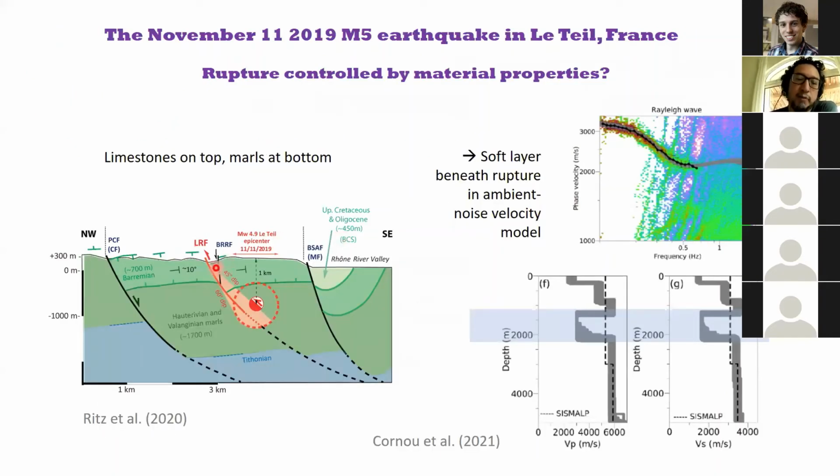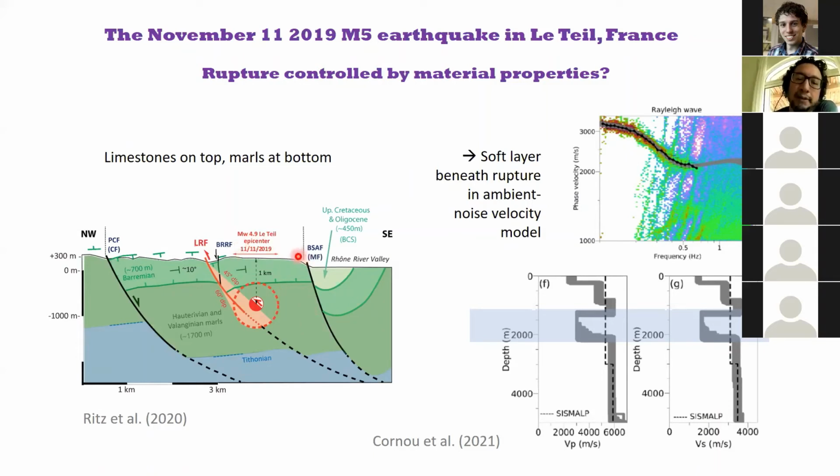Another question is, why did the earthquake remain confined to the top 1 or 2 kilometers? Most of the slip is actually in the topmost kilometer. And this can be associated with the layering of the geological structure in the region.